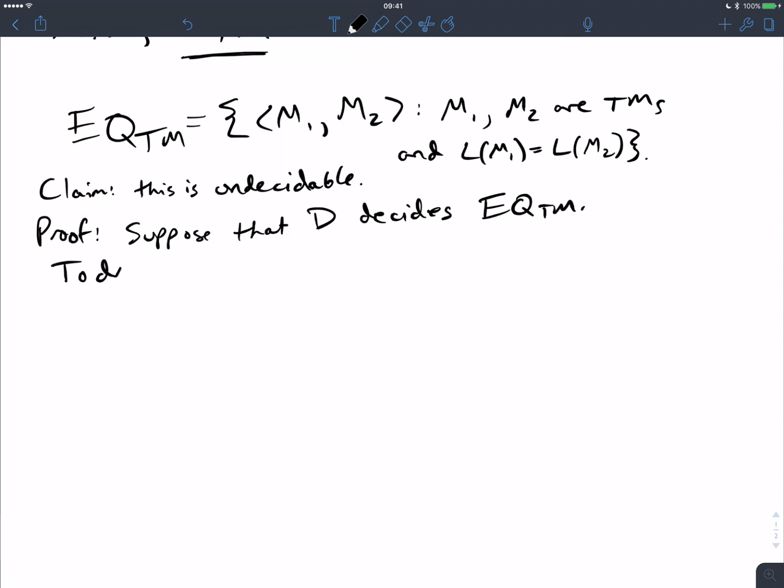So to decide ETM, what does a supposed decider for ETM take as input? Yeah, just a single machine here, right? So on input M, and I don't really need to say this, but where M is a TM.